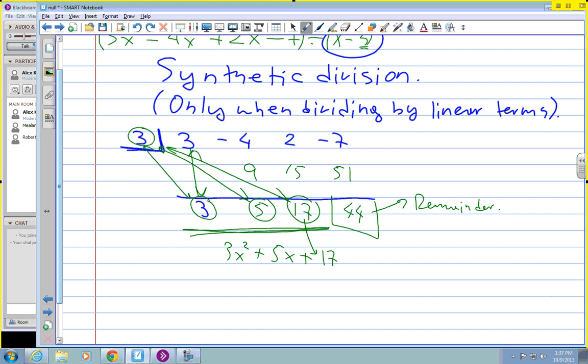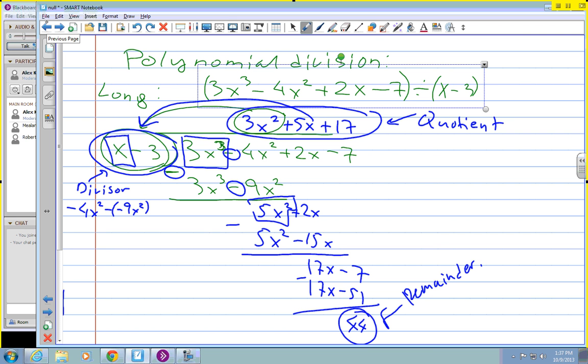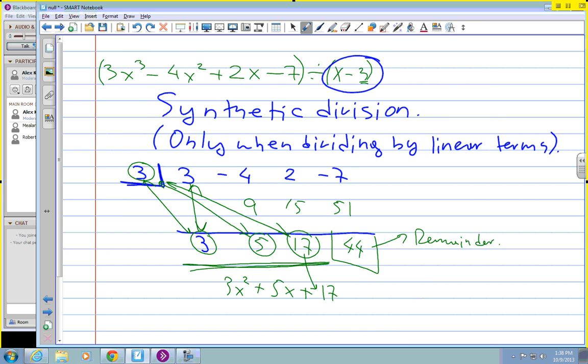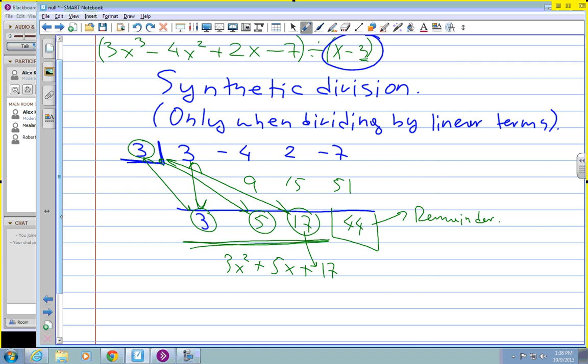So that's how you read that answer, and it's exactly the same as what we got for the quotient: 3x squared plus 5x plus 17. Much quicker. But the key was to remember to do the opposite sign for your divisor. If you had x minus 3, you put a positive 3, but if you have x plus 3, you put a negative 3.